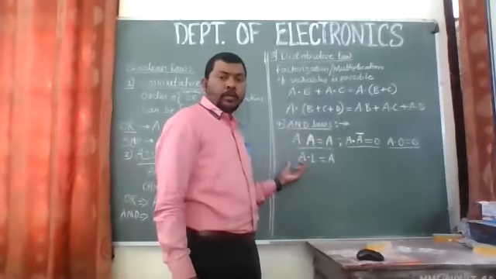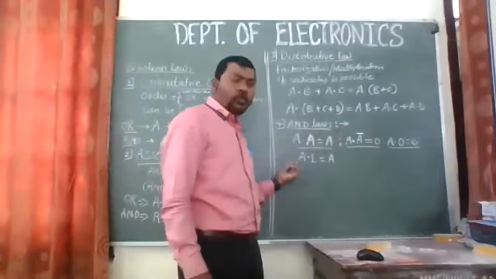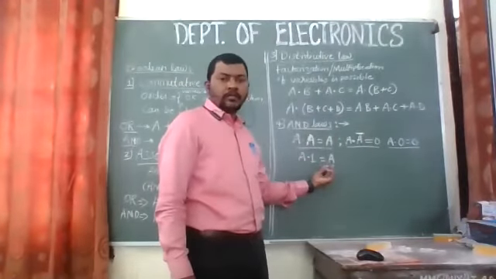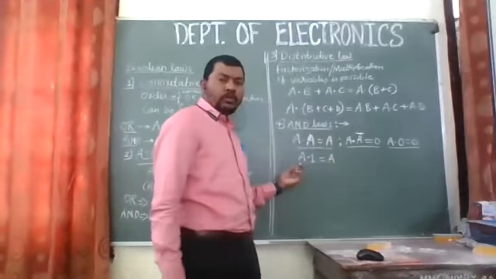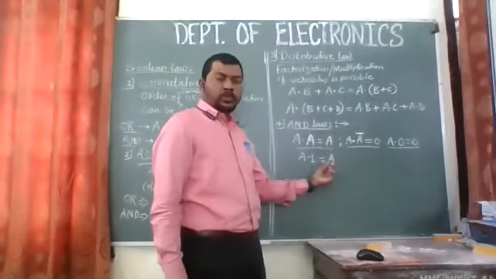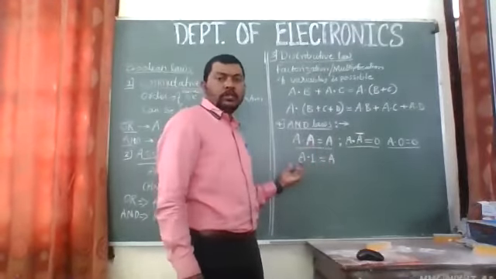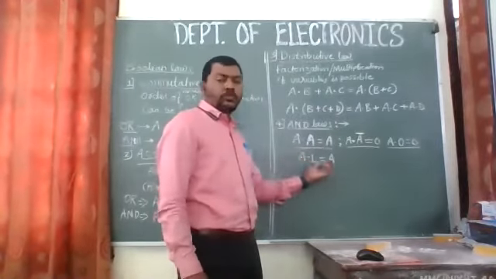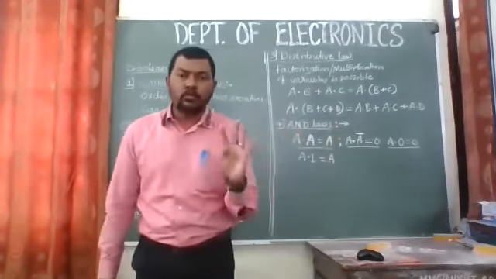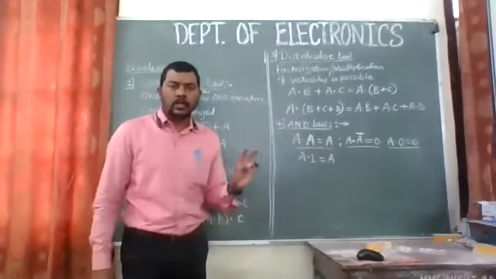Similarly, if you AND a variable with 1, the answer is A. If I put A equal to 0, the output will be 0. If I put A equal to 1, the output will be 1. So whatever the variable A is, it will show you the same output. These are the 4 laws of AND.